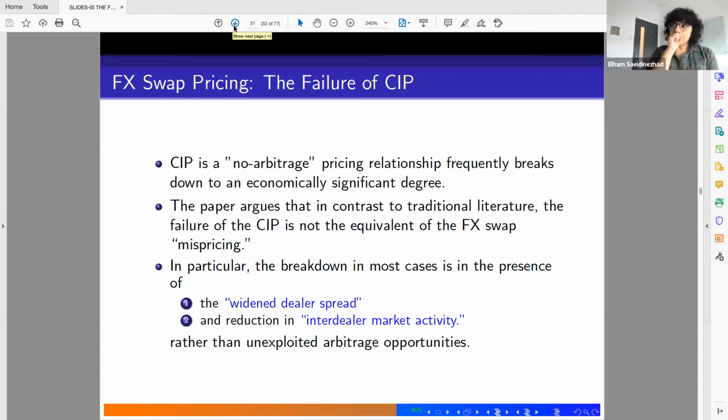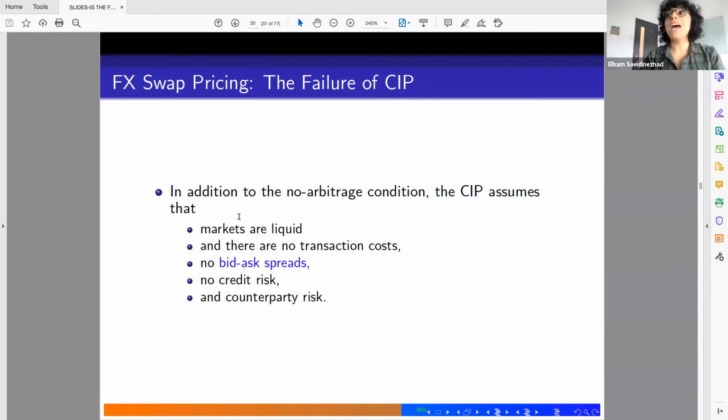As the empirical literature has already shown, in most cases the CIP, which is a kind of no-arbitrage condition, breaks down in the presence of such factors as the widened dealer spread and also the reduction in inter-dealer market activity. Obviously, CIP cannot consider or capture these important market structures because by assumption, it assumes that there is no spread.